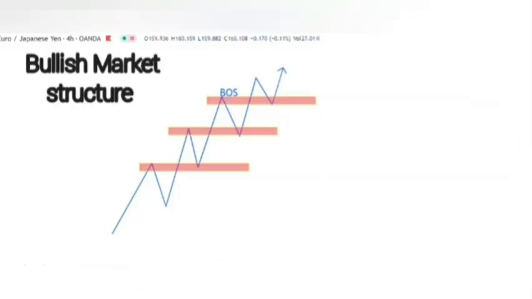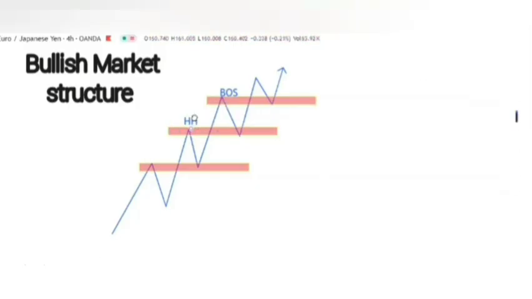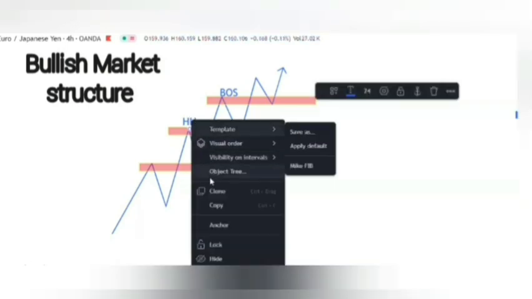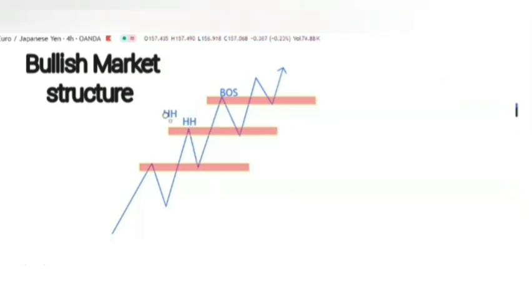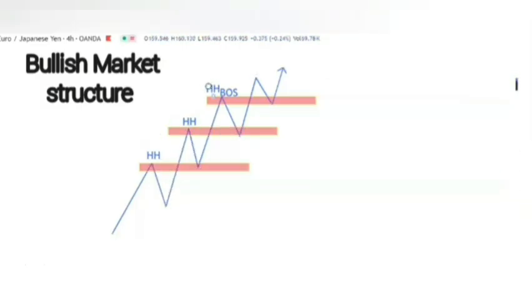There has to be higher highs, like in this case, this is a higher high. That's a higher price. It's actually higher than this previous higher high, and the next one is also higher than the previous one.